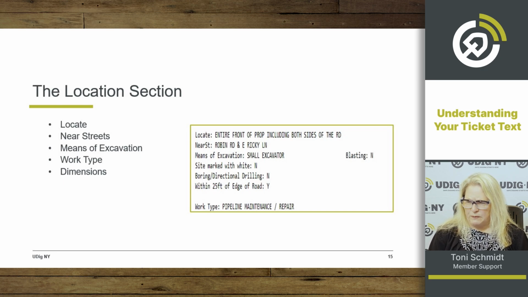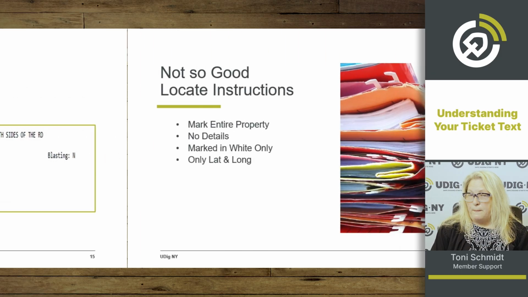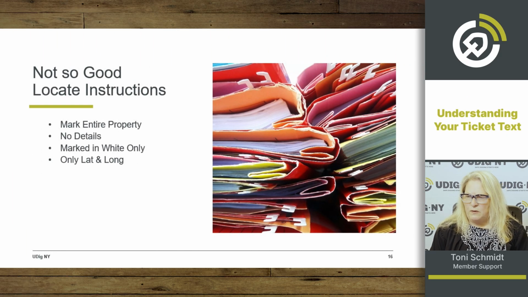Let's review some examples of some good and some not so good instructions. Bad examples. Here are a couple of not so good locate instructions. Mark the entire property when you're not excavating the entire property. Marked in white only, no other instructions. GPS coordinates only.